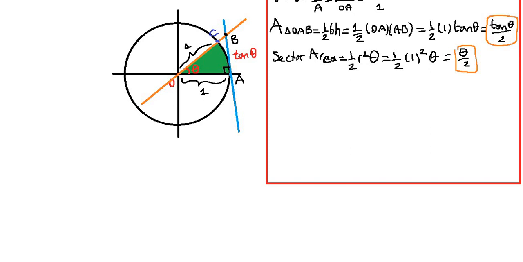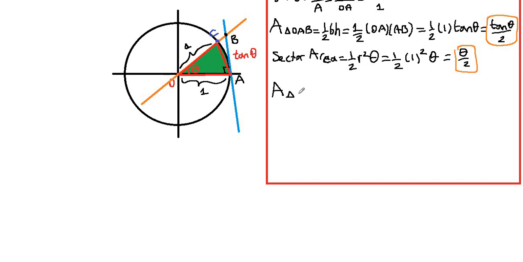Now let's consider this red triangle, triangle OAC, that I highlighted. For the area of triangle OAC, let's use the alternative area formula.